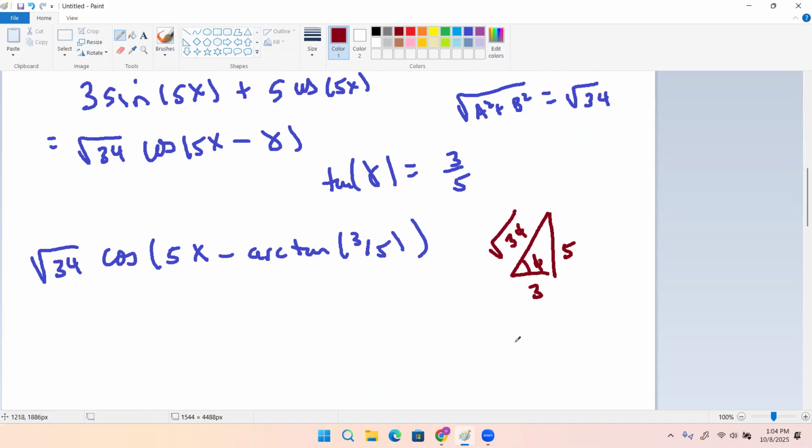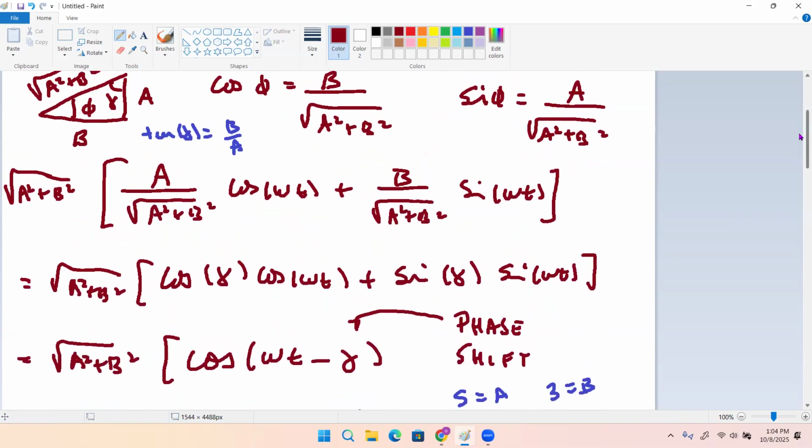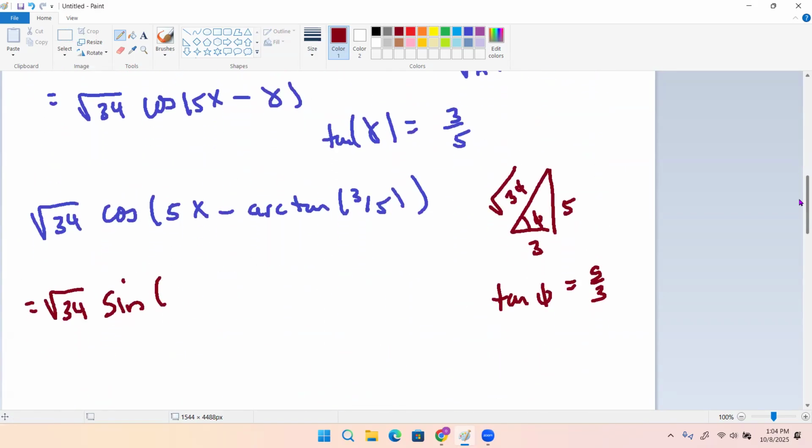With this angle phi, the tangent of phi is now 5/3. So we get the square root of 34 sine of 5x plus arctangent of 5/3.